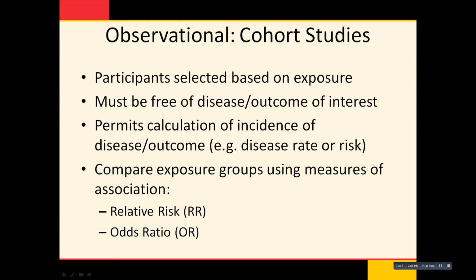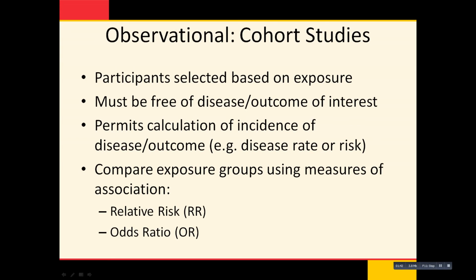Some common characteristics of cohort studies is that we select the participants based on the exposure. So we have a group of people, and some are exposed, some are unexposed. So if we were looking at people who were smoking, we would have exposure to cigarette smoke and non-smokers. Those would be our exposure. They must be free of the disease at selection, when we've decided they have the exposure or not.